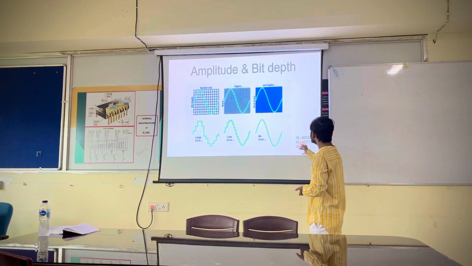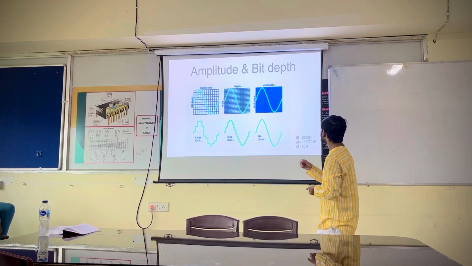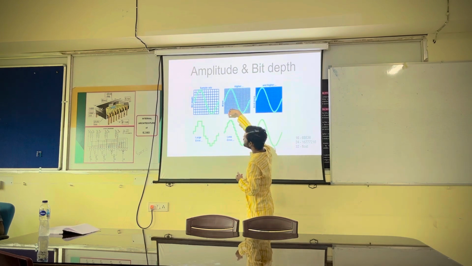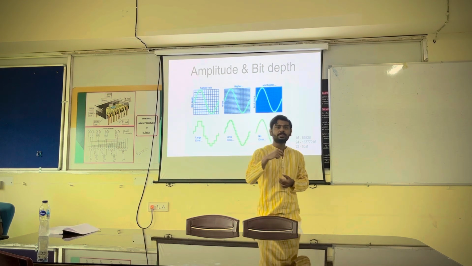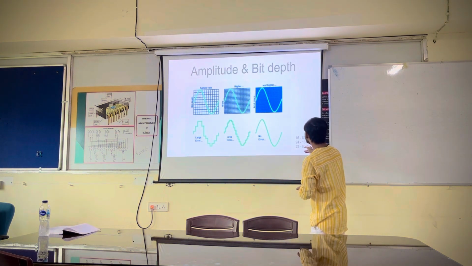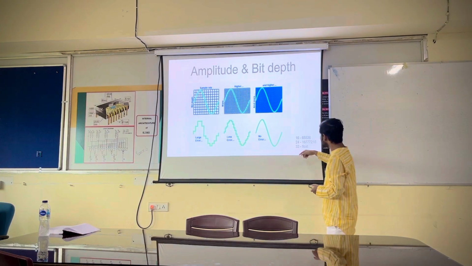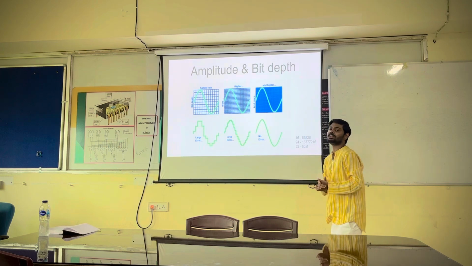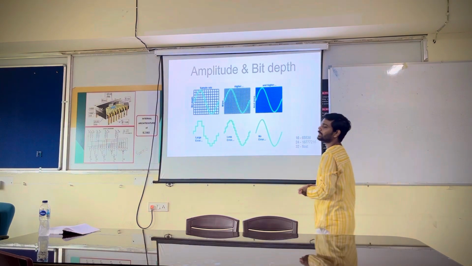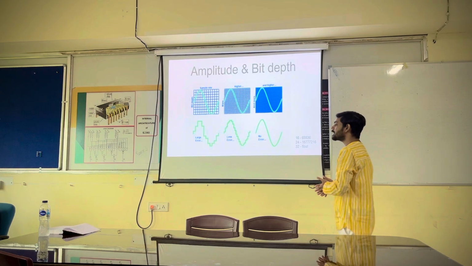Basically a 16-bit audio has a precision of 65536 steps while measuring the amplitude. For 24-bit it is much higher, and for 32-bit it is the same as 24-bit. However, in 32-bit the values are in float, while in 16 and 24-bit the values are in integer. So yeah, that's it. Next.